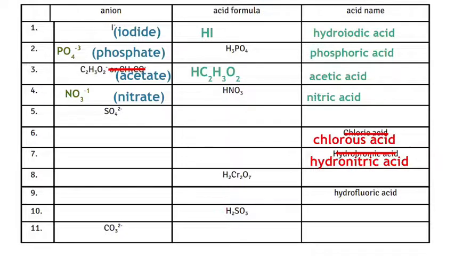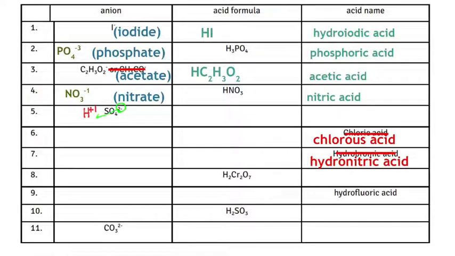So let's write a formula here that's going to need us to cross, drop, reduce. This next piece, SO4 -2, if I'm wanting to put that into a formula, I'm going to put it with an H+1. H's are always at the beginning of our acid formulas.